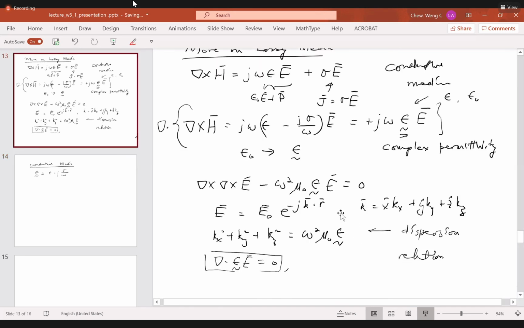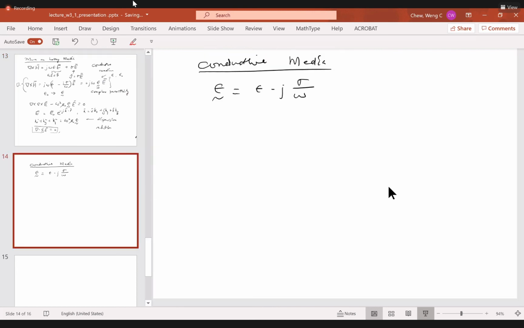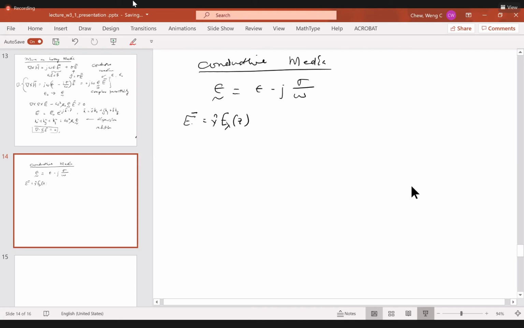We say that if we define a new complex permittivity given by this expression, then the wave number, say if you assume E, you can still plug this in as we did before for a plane wave and look at the solution.